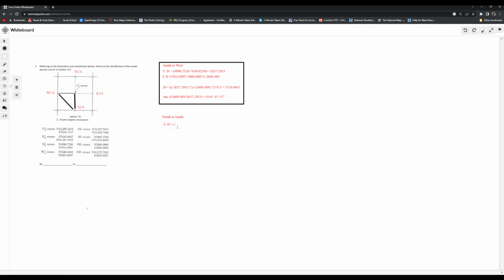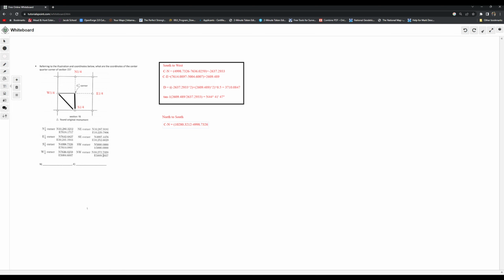So the change in north for this one, we're going to do the northing for the north quarter corner, which is 10,280.3212, minus the south quarter corner northing, 4998.7326, my bad.